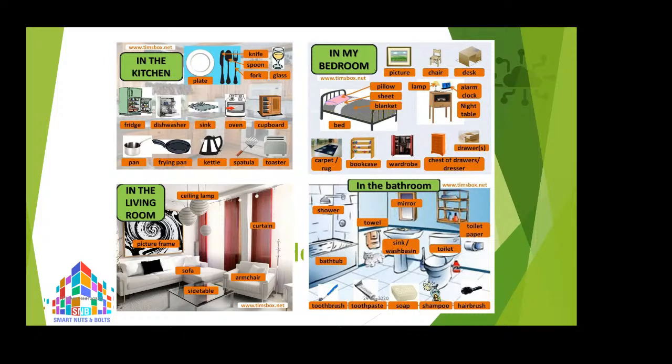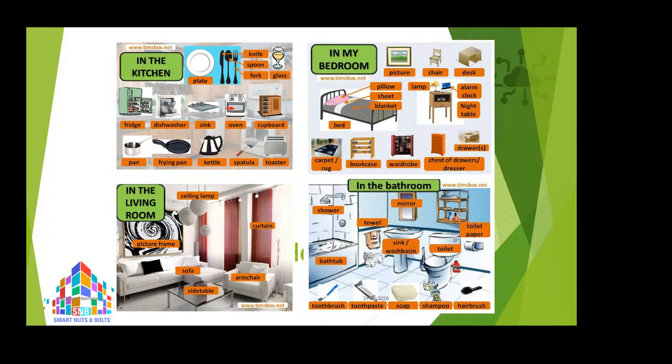Similarly, in a bedroom: picture, chair, desk, lamp, pillow, sheet, blanket, alarm clock, night table, etc. In the bathroom: mirror, towel, bathtub, etc. In the living room: ceiling lamp, picture frame, sofa, side table, armchair, curtain, etc. So these are the things we find in a home.